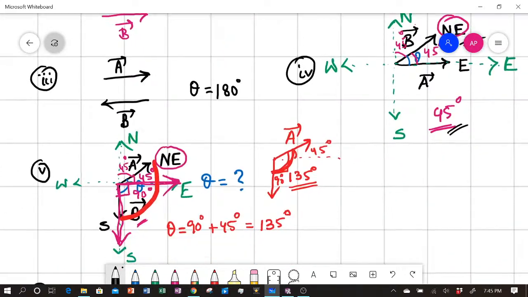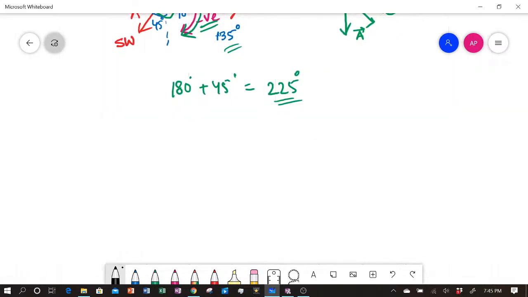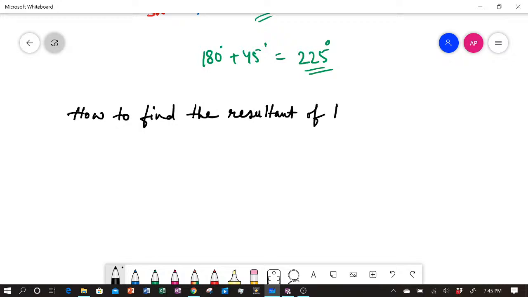Now, in the next point, we will discuss how to find the resultant of two vectors. Okay?